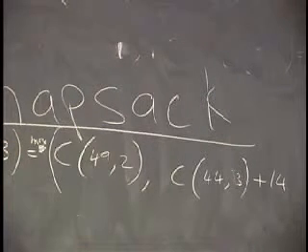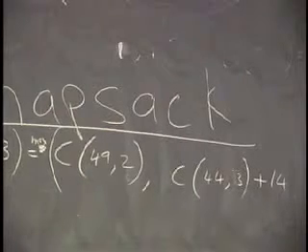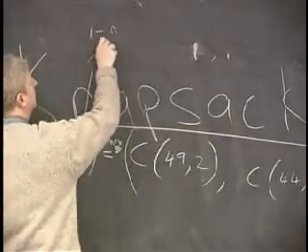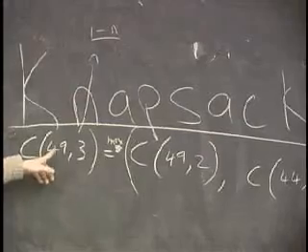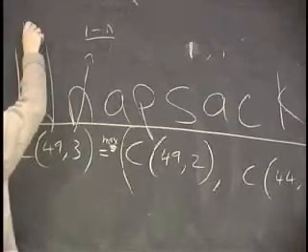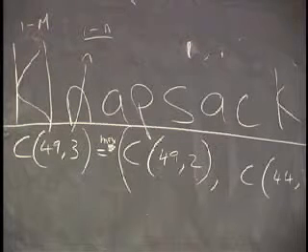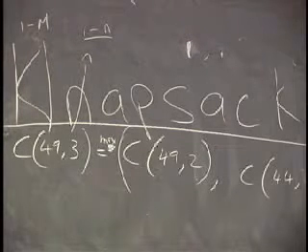You want to do it in a bottom-up way, because if you do it in a bottom-up way, what's the maximum number of subproblems you could possibly have if you make sure you do each one once? This number ranges from 1 to 3, or in general, this number ranges from 1 to n. And this number ranges from 1 to capital M, to our biggest number that we have, or to the size of the knapsack.